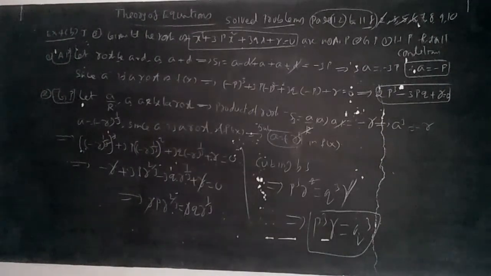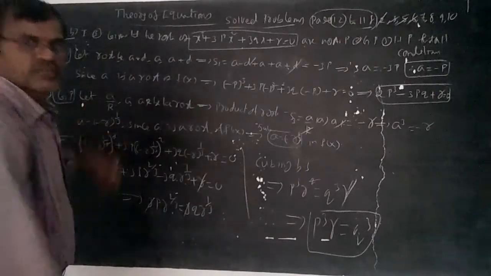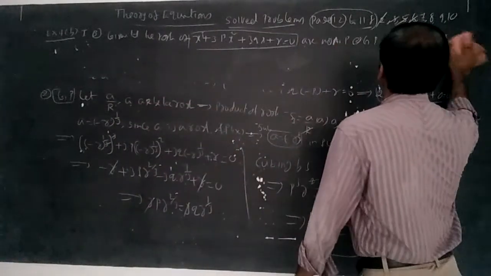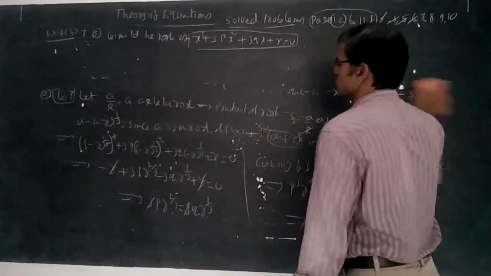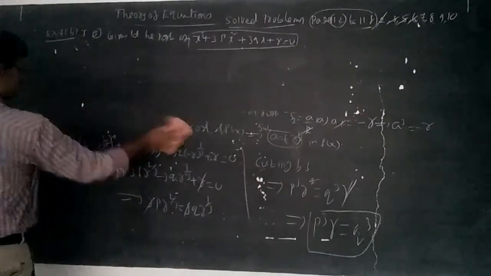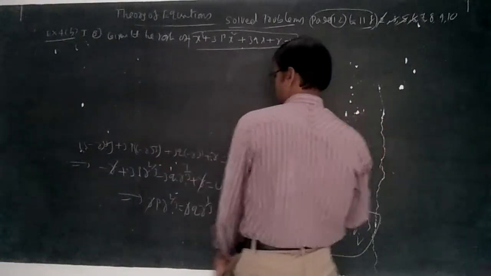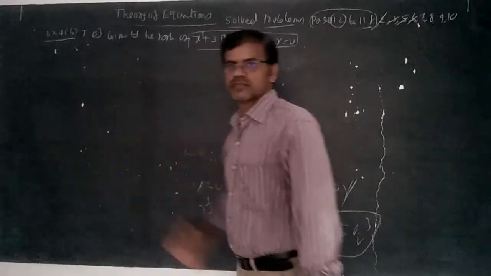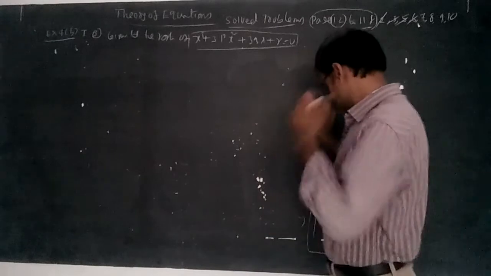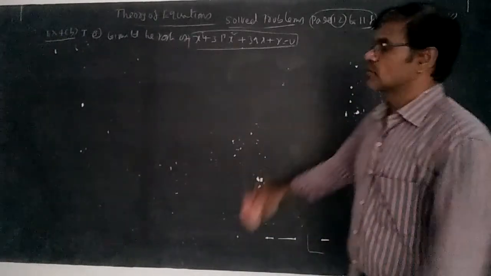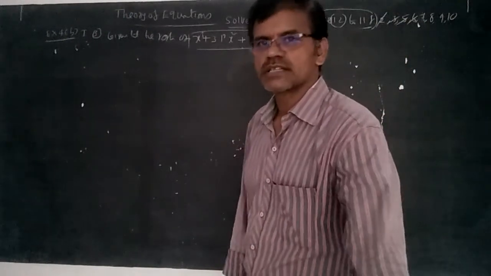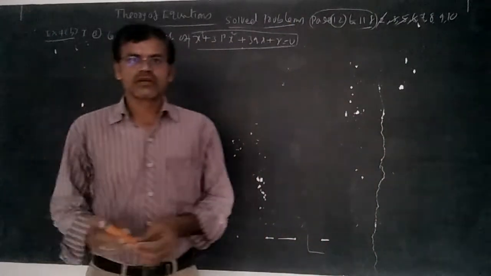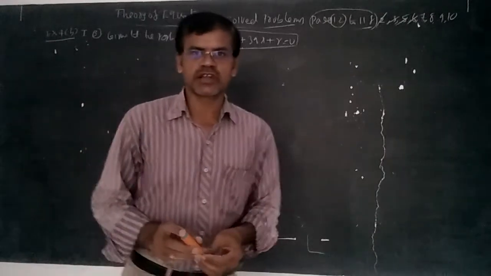If the roots of this same cubic equation are in HP, then we need to calculate the condition. To get the concept of harmonic progression, we should calculate the reciprocal equation.